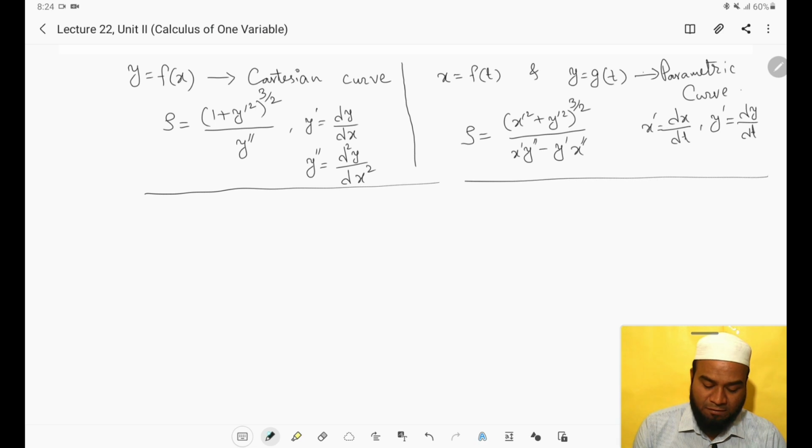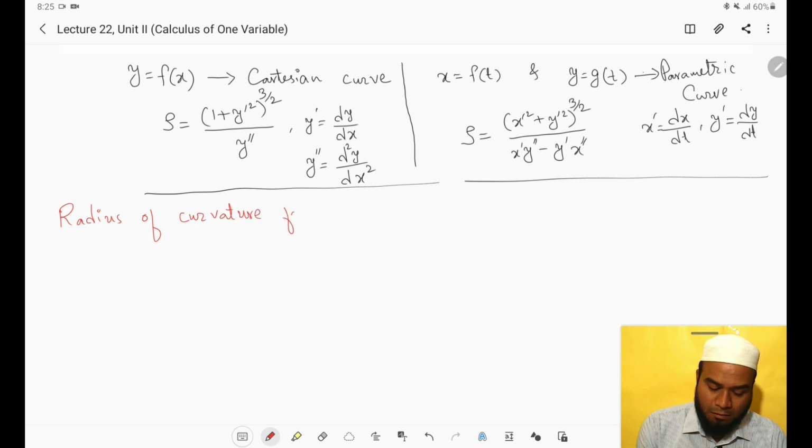Now in today's class, we are going to see if the given curve is a polar curve, that is, the given curve will be a relation between r and theta, then how to evaluate radius of curvature for that. So I'm going to put the side heading: radius of curvature for polar curve, right? This is today's topic.